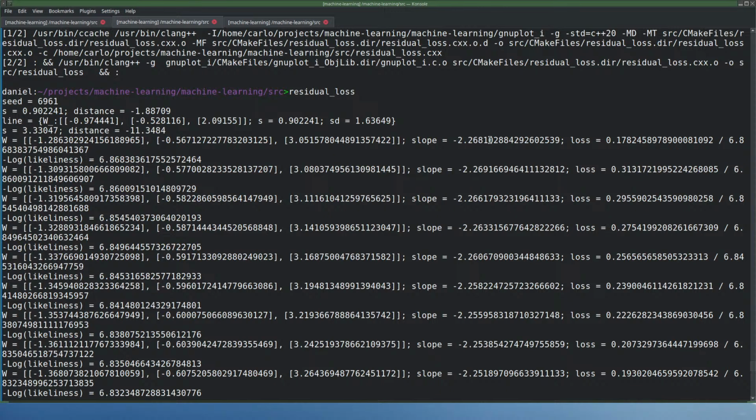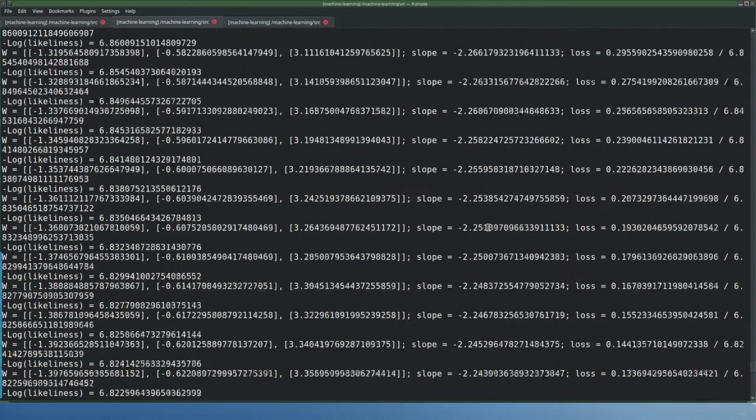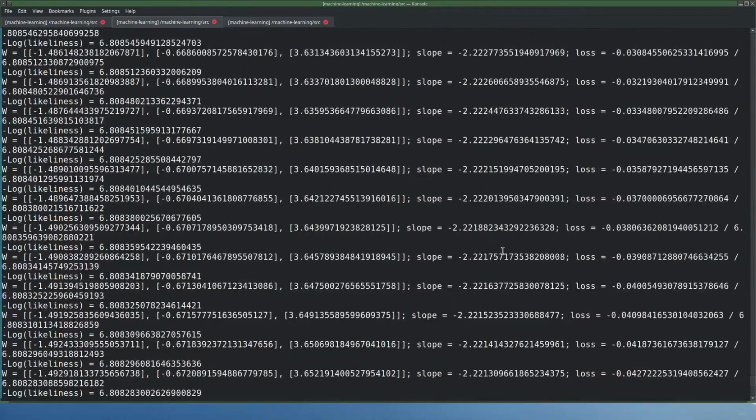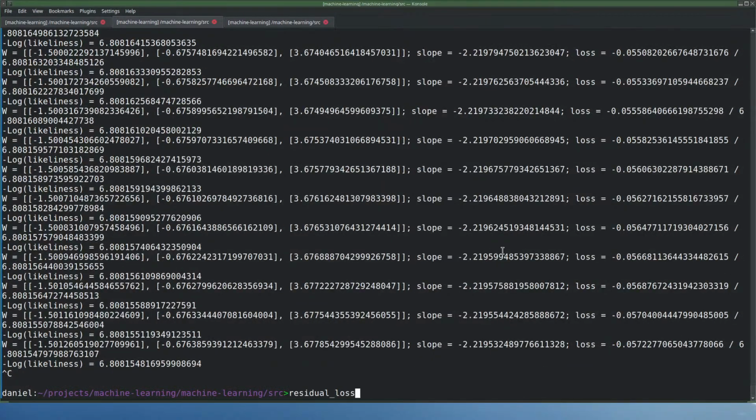And this one is also going down, and this is down because it's negative. But then it goes up, which isn't crazy. Also hardly changing.